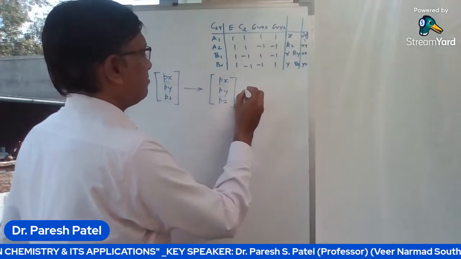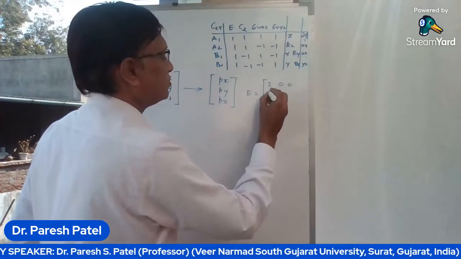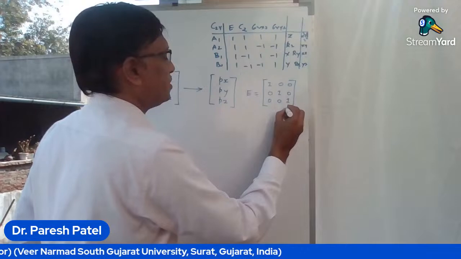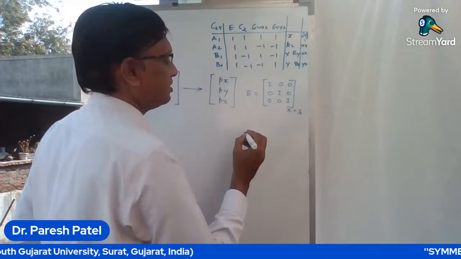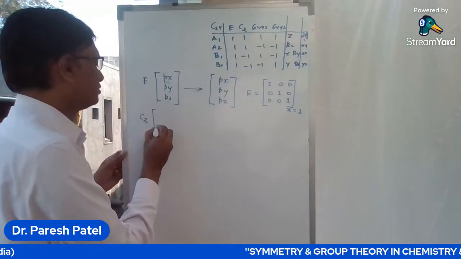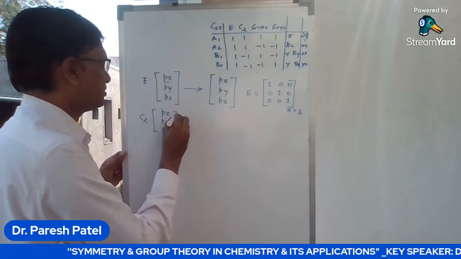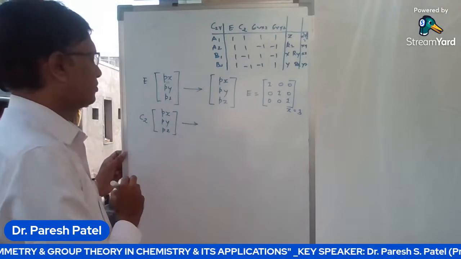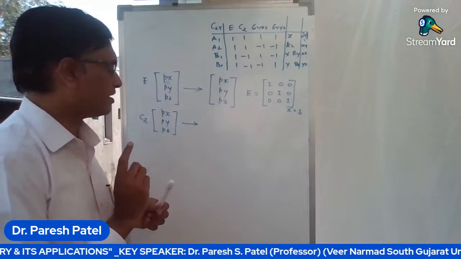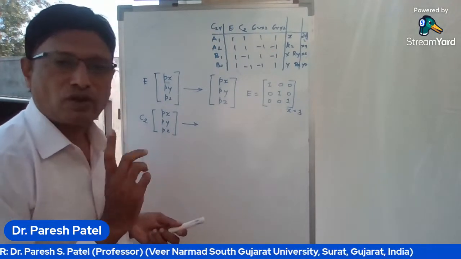So this matrix can be represented as 1 0 0, 0 1 0, and 0 0 1. So here the character can be recognized as 3. If you operate the C2 symmetry operation on Px, Py, and Pz, we know that we have to consider the molecule along the z-axis.